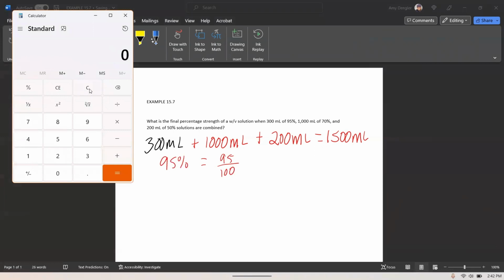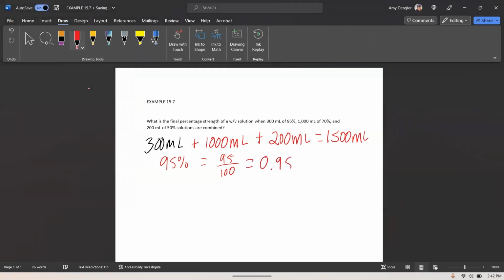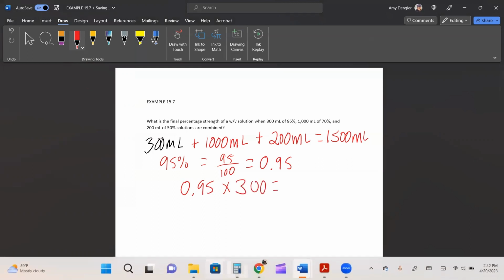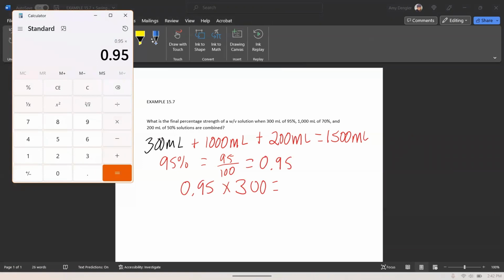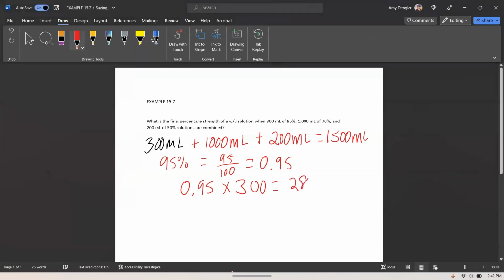Those percentages are always out of 100, and then we go 95 divided by 100, which gives us 0.95. We're going to take that 0.95 and multiply that by the 300, which is going to give us 285 grams.